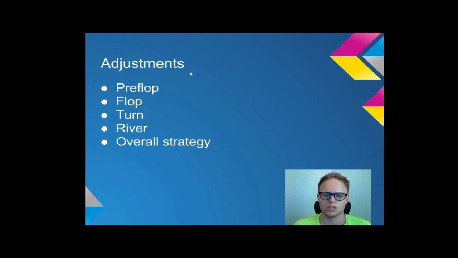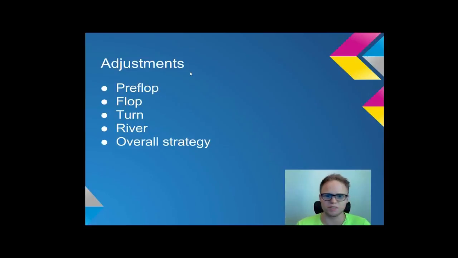Because what does it mean that someone is bluffy? Maybe he's potting river with air all the time in small pots, but he's never making a bluff in the bigger pots or when he has bet flop, turn and river.